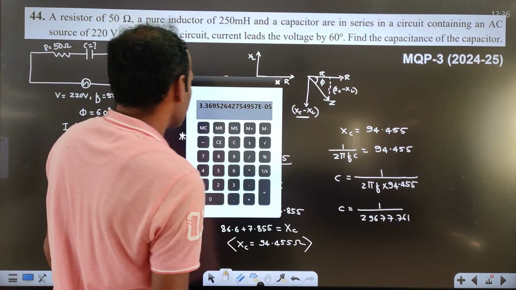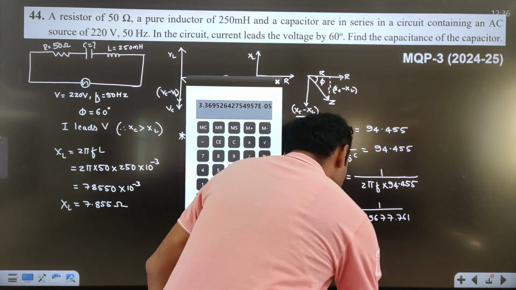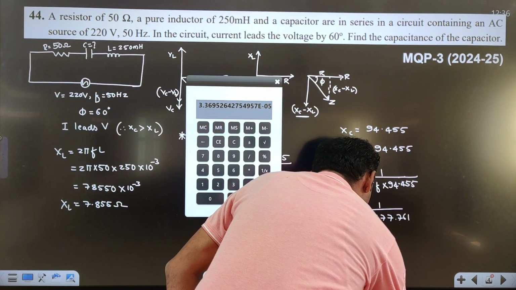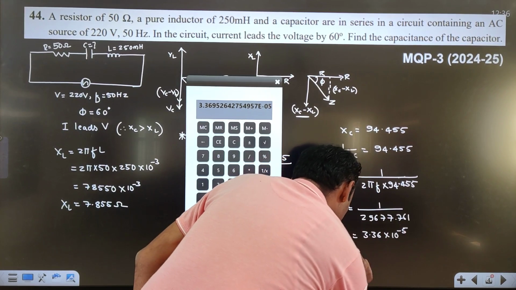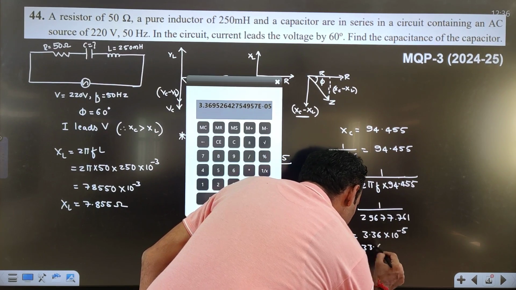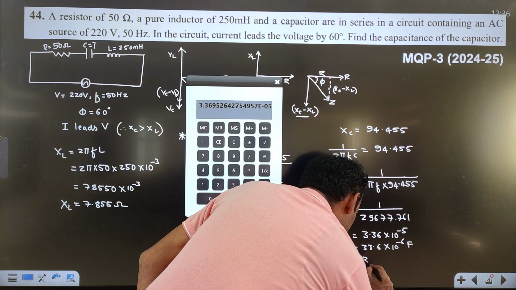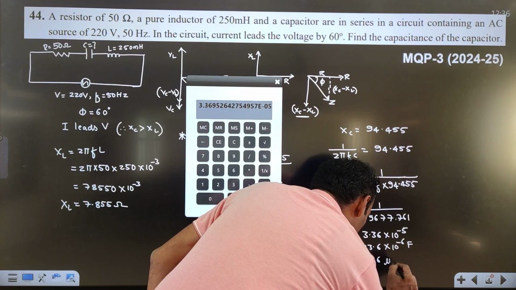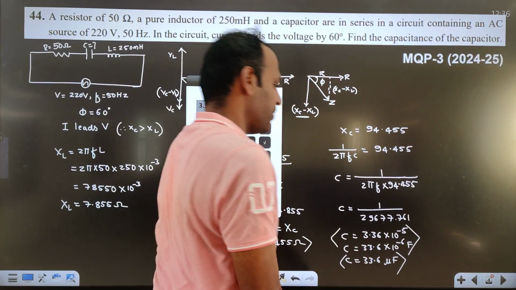How much will I get? 3.36 into 10 to the power minus 5. Right? Or I can simply write it as 33.6 into 10 to the power minus 6 farad. Or simply we can write it as 33.6 microfarad. ಈಗ ನಮಗೆ capacitance ಬರ್ತದೆ. This much will be the capacitance.